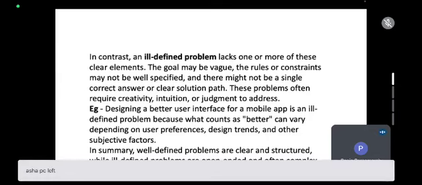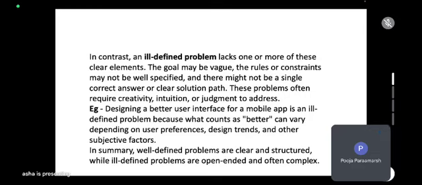Coming to a compiled way to differentiate between well-defined and ill-defined problems, these are the four criteria. Well-defined is easier to develop, ill-defined is more difficult to arrange.